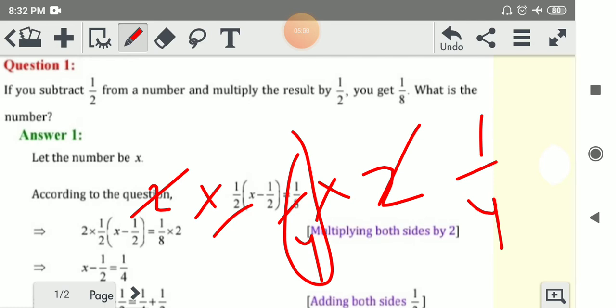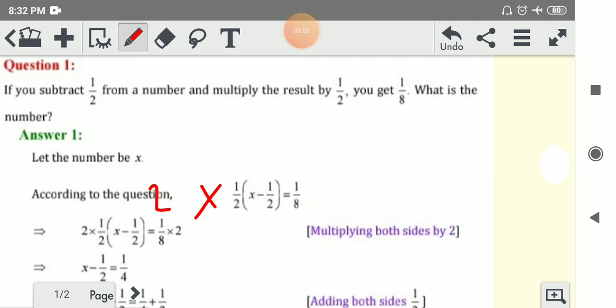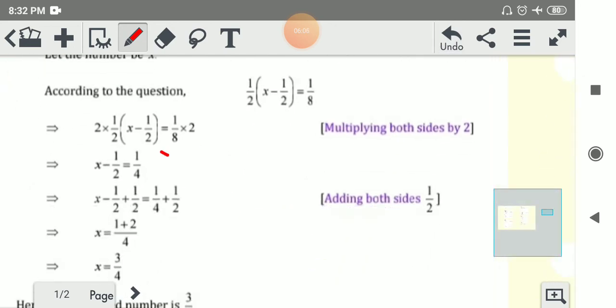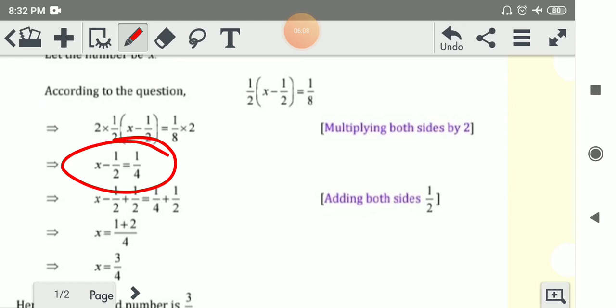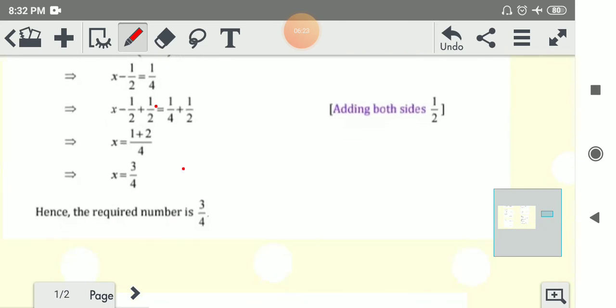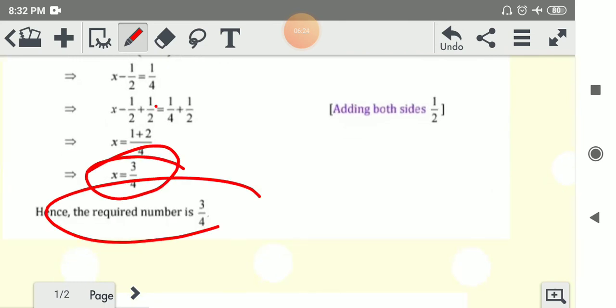Now the equation will be x minus 1 by 2 is equal to 1 by 4. Again adding 1 by 2 on both sides, so they are cancelled, and we get x, the value of x is equal to 3 by 4. So this is our answer, this is the required number.